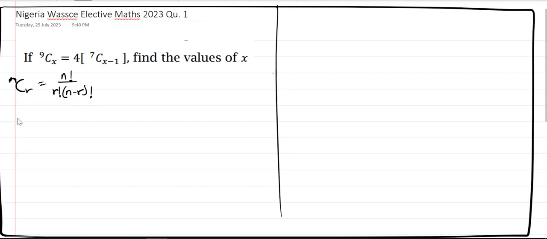So if we have 9 combination x and the other side too, so 9 combination x equals 4 times 7 combination x minus 1, right?